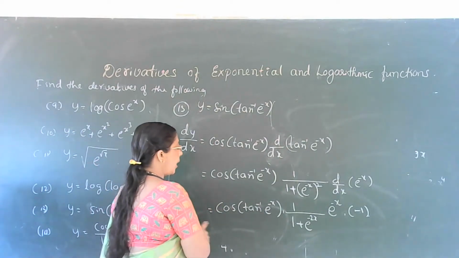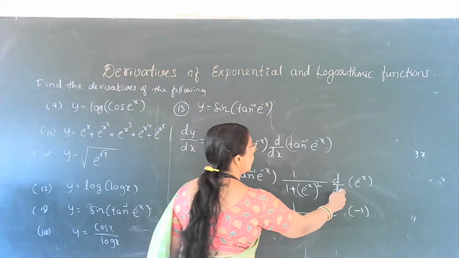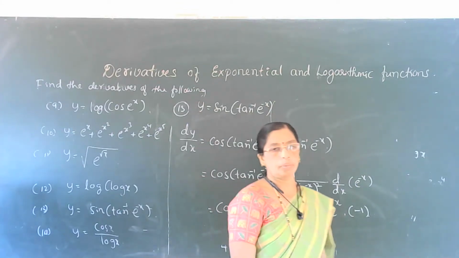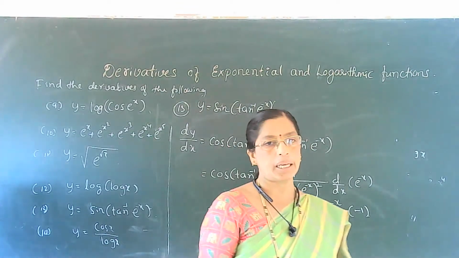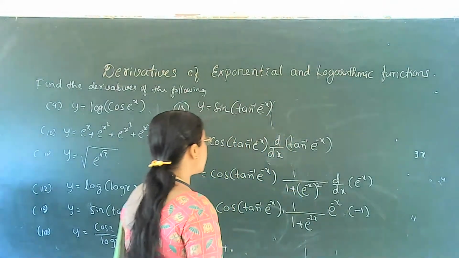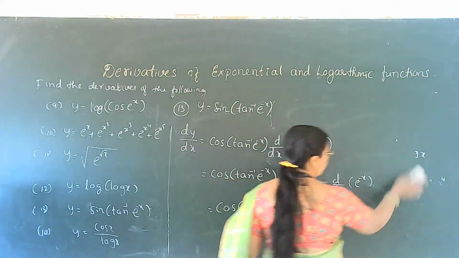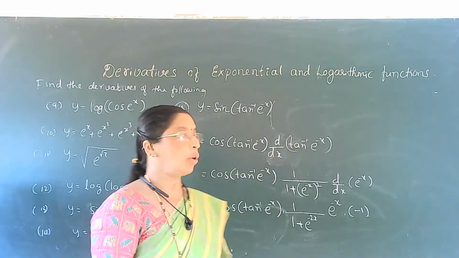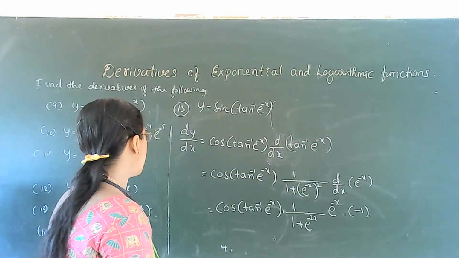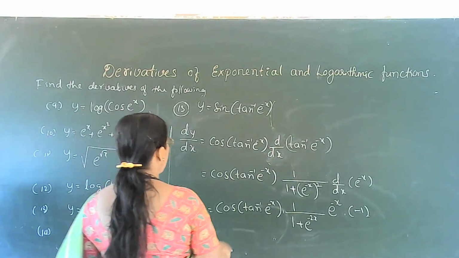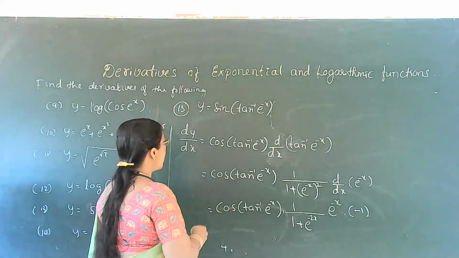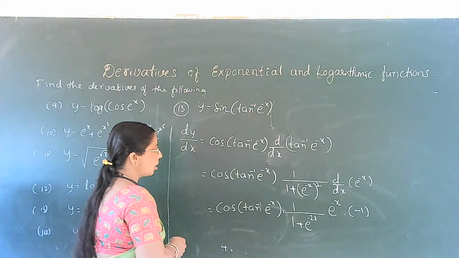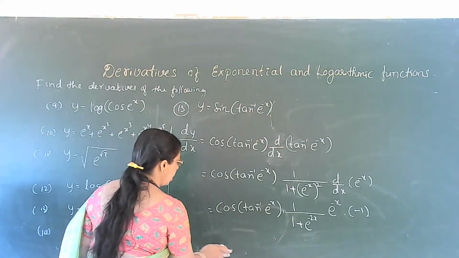If you forgot the derivative of e to the power minus x, the answer will go wrong. Therefore, you should find the derivative of every function or every term in the function by using the chain rule.